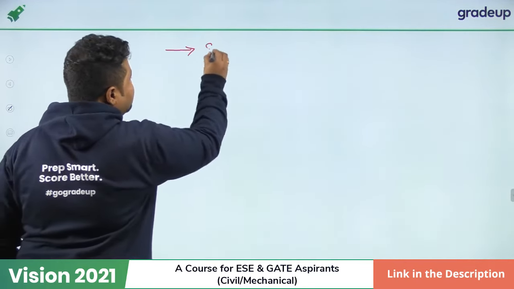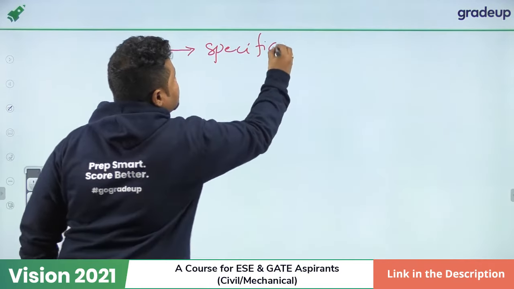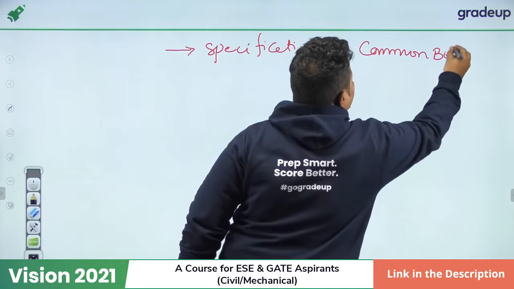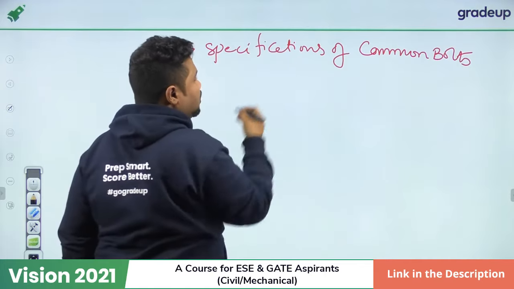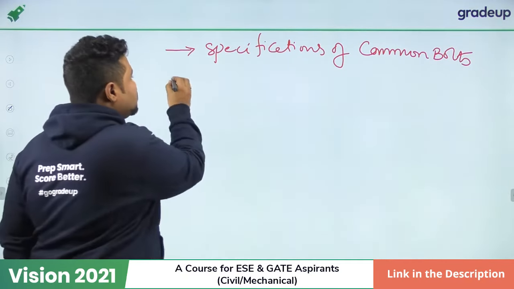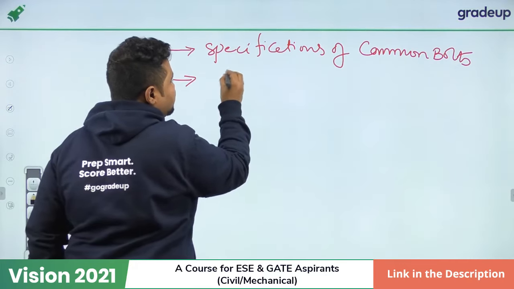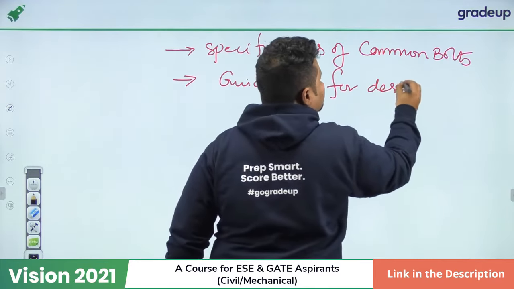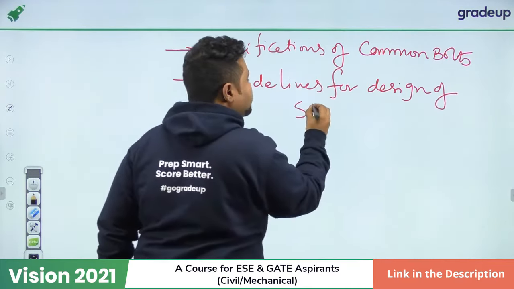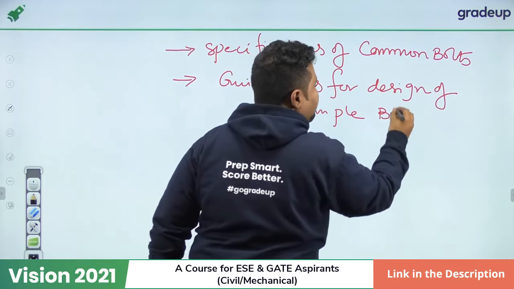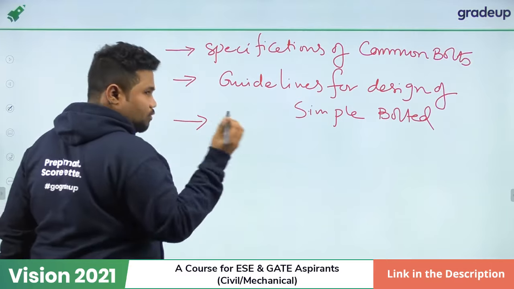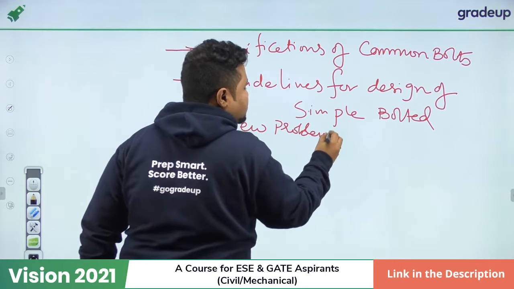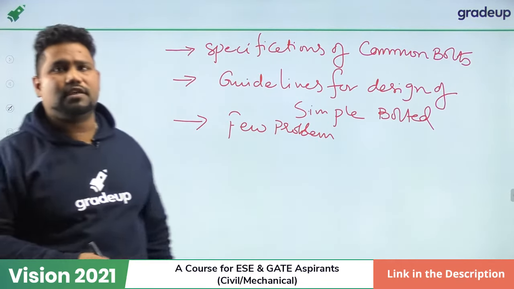You had seen the specifications of simple bolted connections, the specifications of common bolts or black bolts, and the guidelines for design of simple bolted connections. A few problems, only 2 problems, were also done on these simple bolted connections.